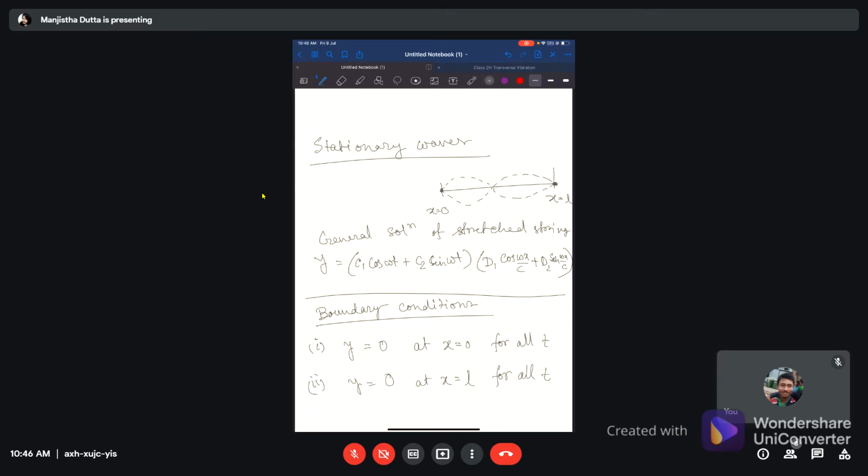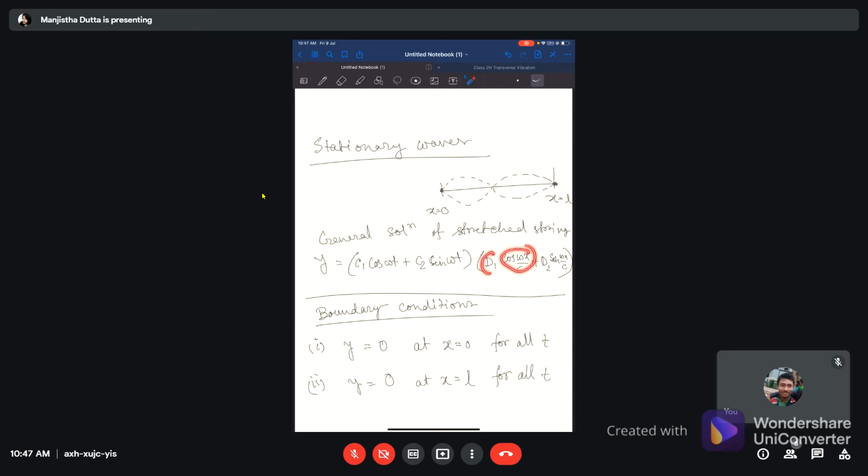First let's apply condition number 1. Here y is equal to 0 when x is 0. So x equal to 0 makes the D2 part 0, because there is a sine part, and we are left with D1, and cos 0 is 1.